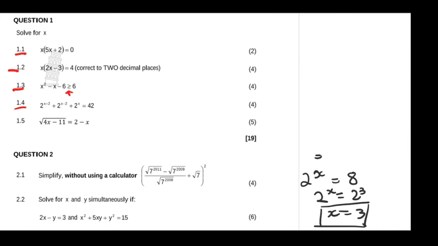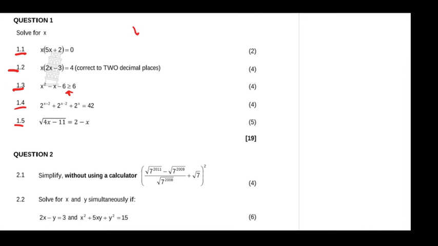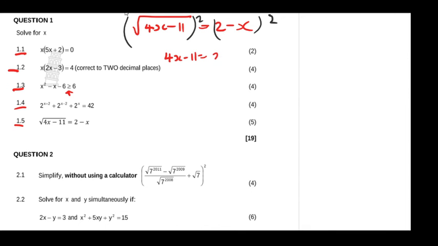So now we're going to do this third problem here, 1.5. We are given the square root of 4x minus 11 equals 2 minus x, right? So the first step you're going to do is square both sides. That's the first step you do in this kind of equation. So you'll remain with 4x minus 11 is equal to 2 minus x, squared.